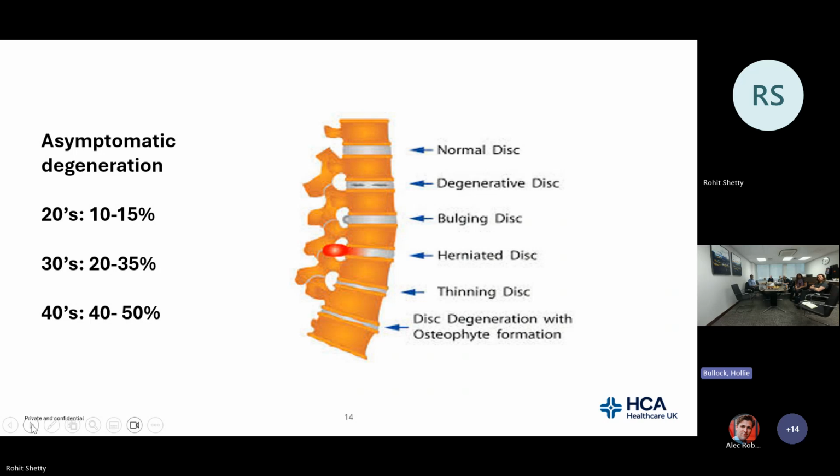In your 30s it is 20 to 35%. And by the time you're in your 40s and 50s, half the population is walking around with an abnormal disc in their back and have never experienced symptoms. It's important to start that conversation with your patients when they come to you with, say, a 1-week history of pain, and their MRI report is 2 pages long, saying there are so many things abnormal.